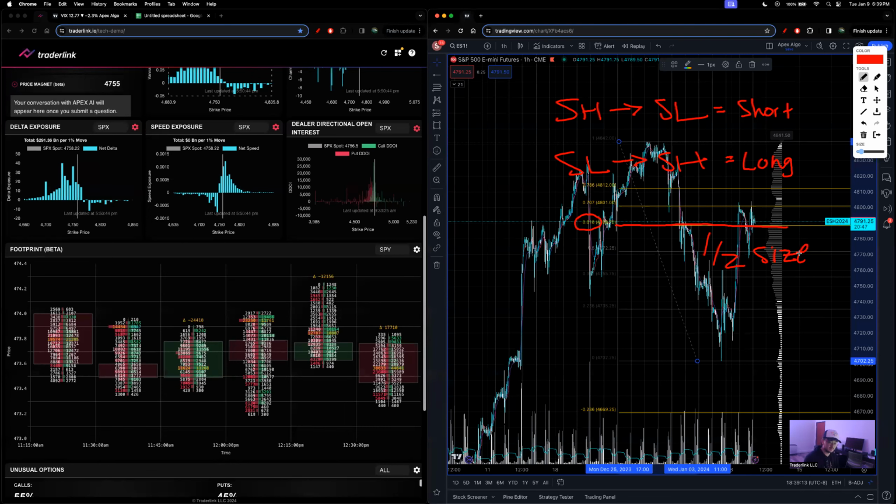So I take half size positions. At this line right here, the 707, this is where you size in. You add your full size. Then this one, the 786, this line, this is your stop loss. Boom. You have a trade completely defined for you.